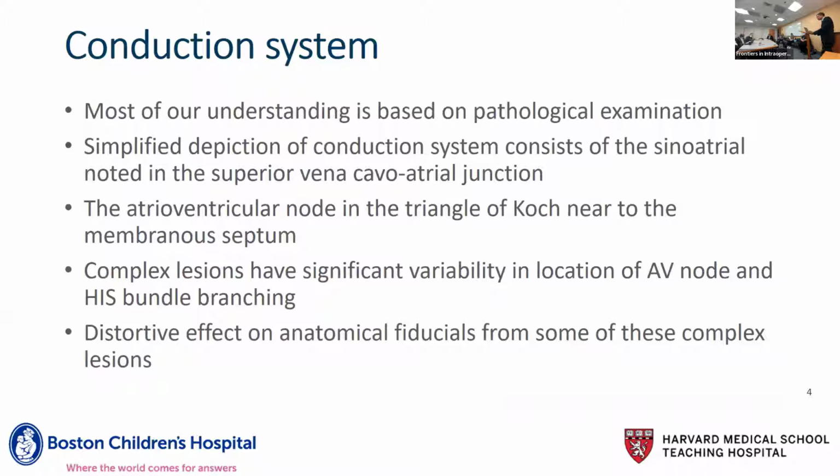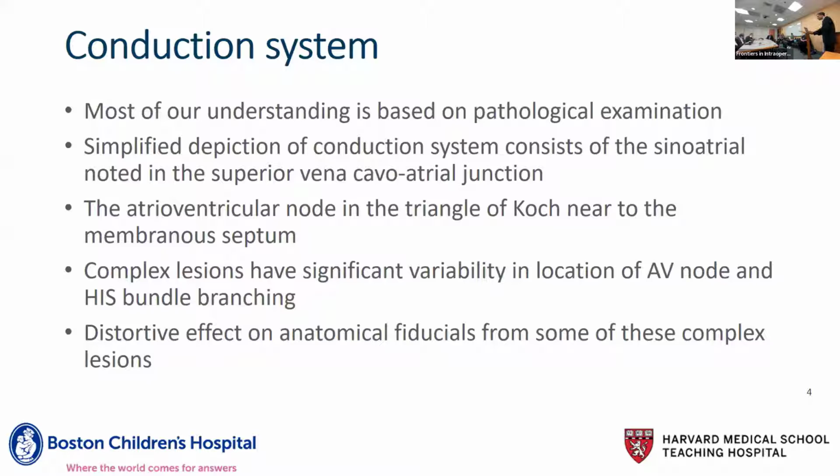So most of our understanding is based on pathologic examination from the 60s, 70s, 80s: Jesse Edwards, Richard and Stella Van Praag, Dr. Anderson, and Steve Sanders. And as Dr. Sanders showed, most of the depiction of the conduction system consists of the sinoatrial node in the superior vena cava atrial junction and the AV node in the triangle of Koch near the membranous septum.